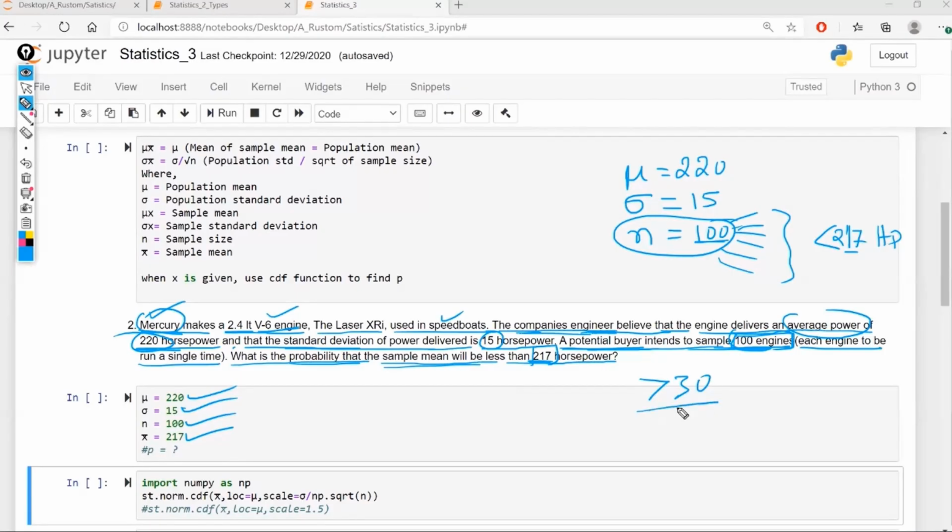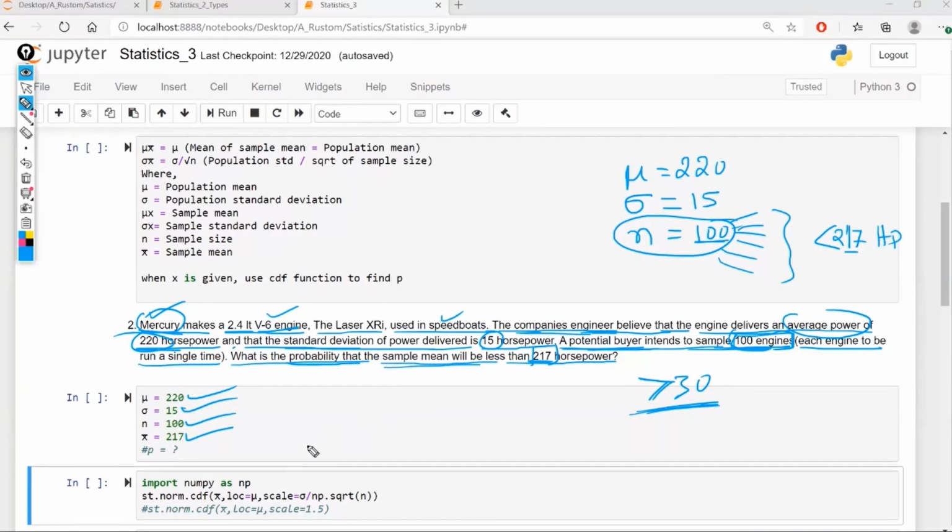Keeping that in mind, I want to find the probability that the sample mean horsepower is less than 217. So that is the problem statement.